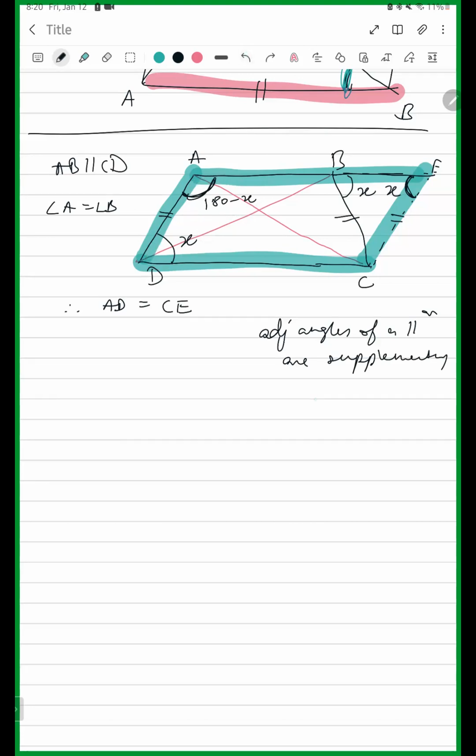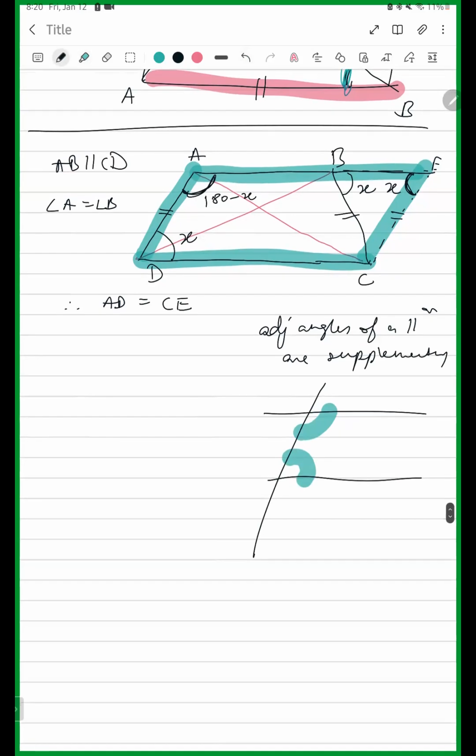Or you can see that these are interior angles on the same side of the transversal, co-interior angles. We know that such angles are always supplementary. So this is 180 minus x. And now look at this angle over here. Since this angle is x, this angle will be 180 minus x. Yes, linear pair.